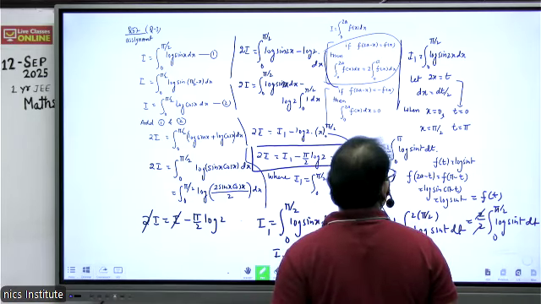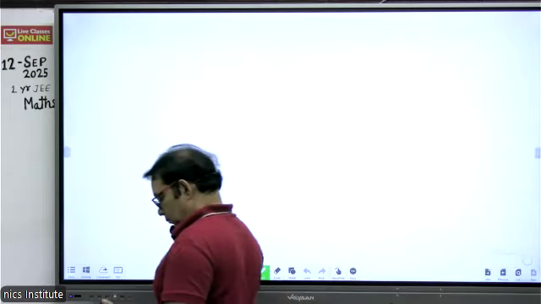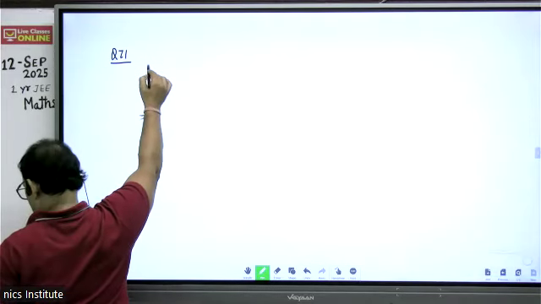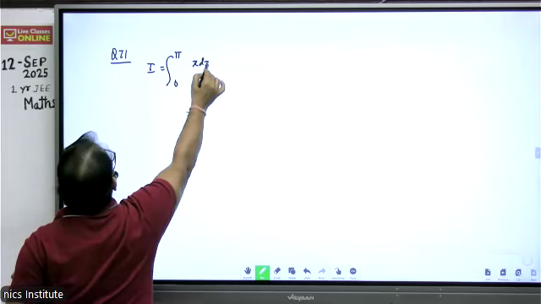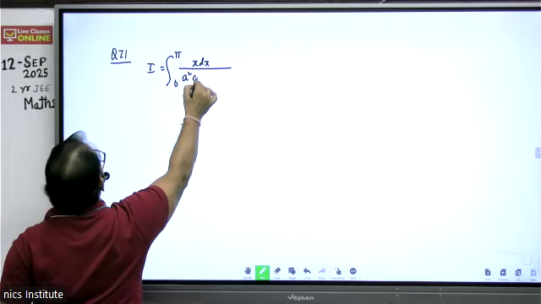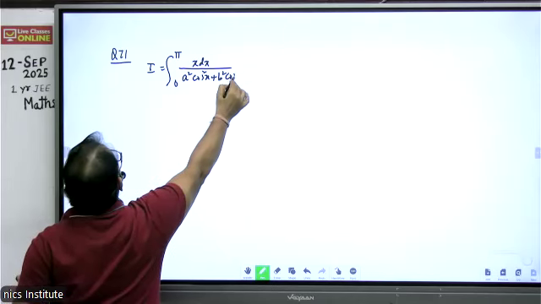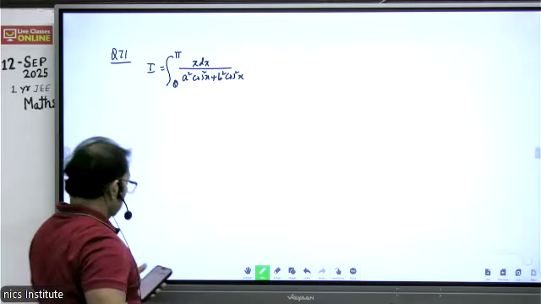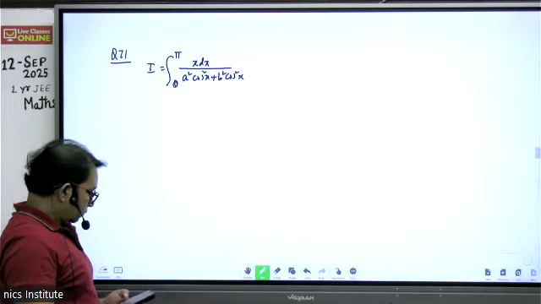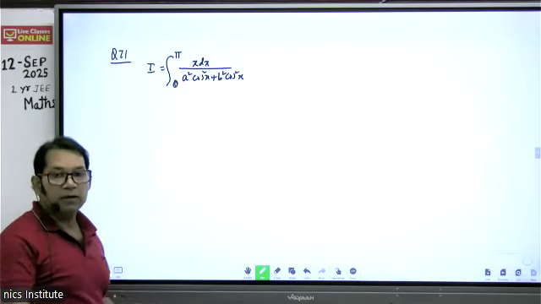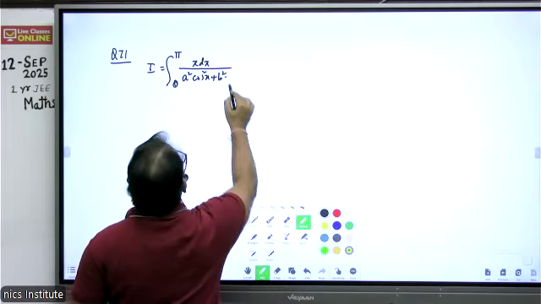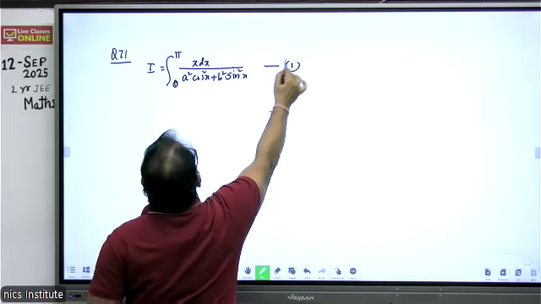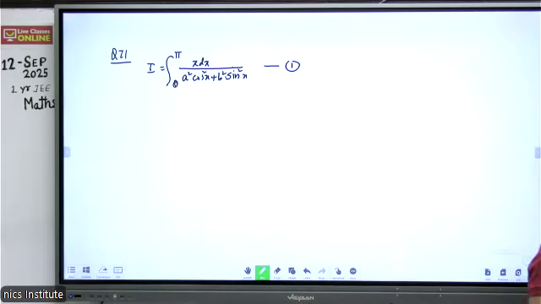The integral from 0 to pi of x dx over a square cos square x plus b square sin square x. Try this. Apply 0 to a first.